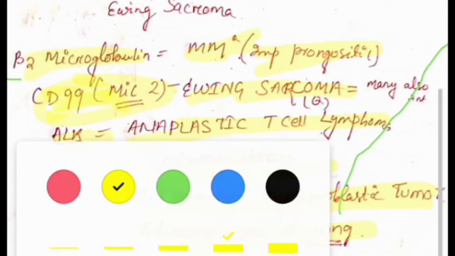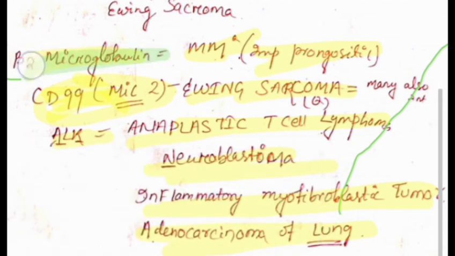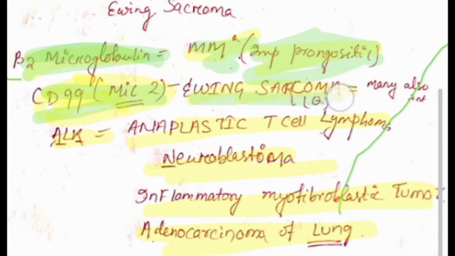Then beta 2 microglobulin, that is B2M. You can write MM for multiple myeloma. Beta 2 microglobulin is an important prognostic biomarker for MM. CD99, that is MIC2, is the important marker for Ewing sarcoma.